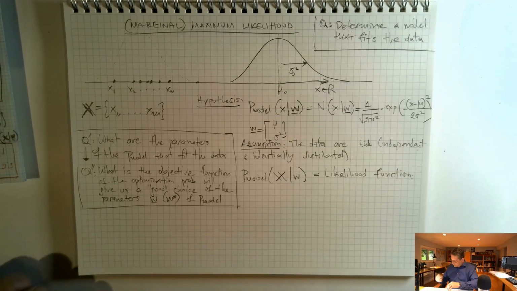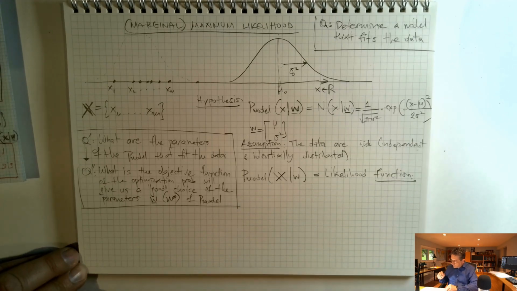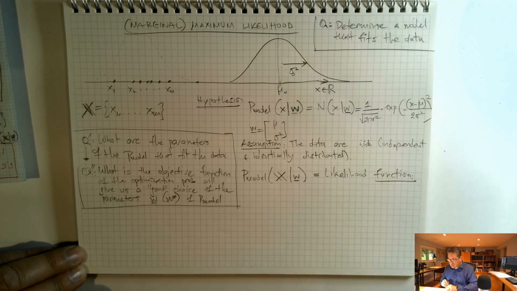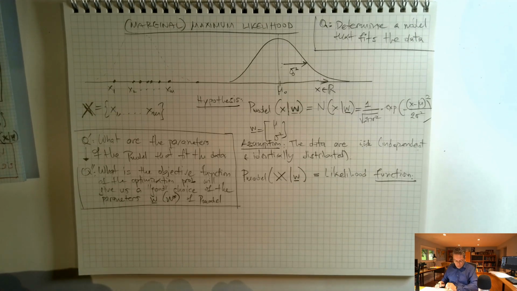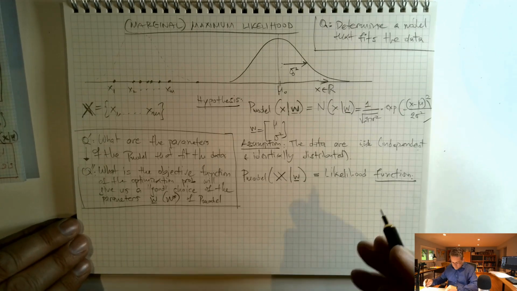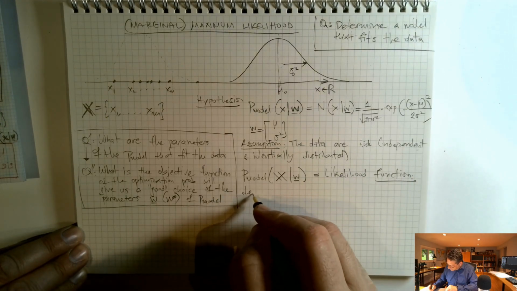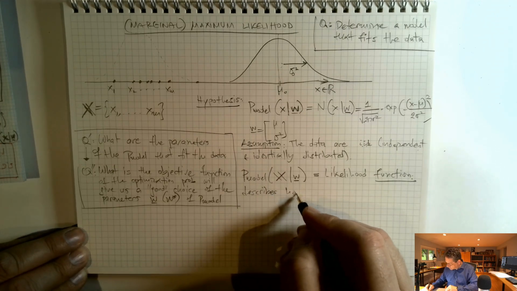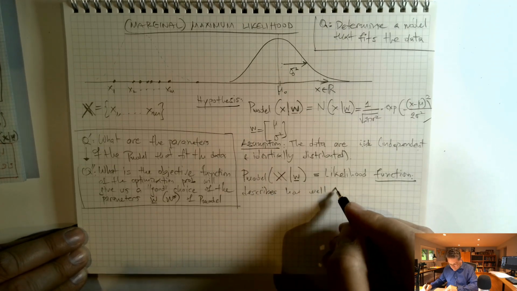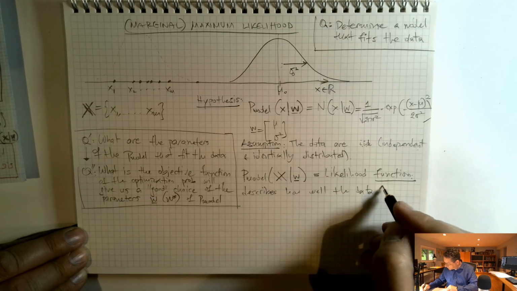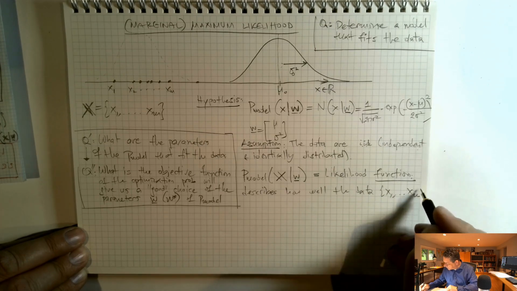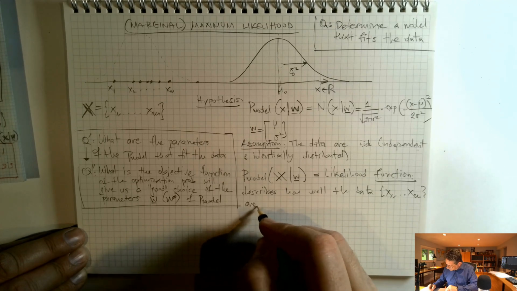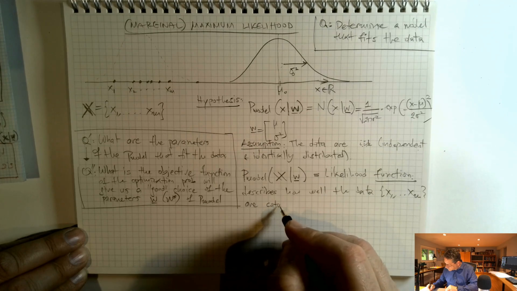So it's actually a function because this is only a function of the parameters vector W, only of the set of parameters W, and describes how well the data x1 to xm are, let's say, captured.